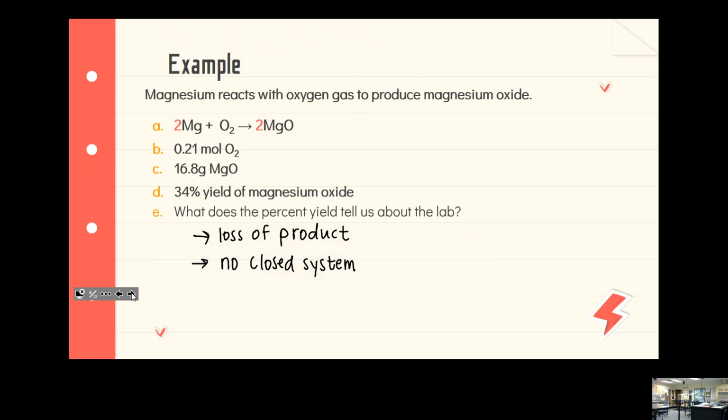Or when you are mixing chemicals, maybe some stuff got left behind. I know we talked about in class, if there is heat involved, if you get something hot enough, it can start to evaporate. So that's something to keep in mind as well. That is our review of theoretical, actual, and percent yield.